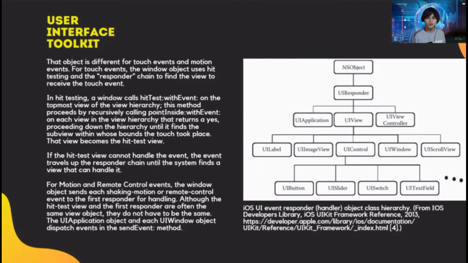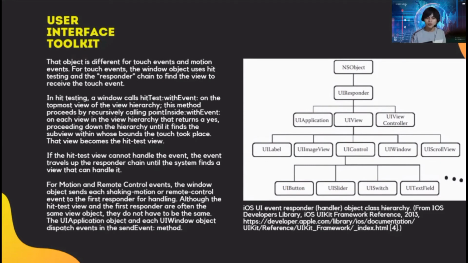This method proceeds by recursively calling pointInside with event on each view in the view hierarchy that returns yes, proceeding down the hierarchy until it finds the subview within whose bounds the touch took place. That view becomes the hit-test view. If the hit-test view cannot handle the event, it travels up the responder chain until the system finds a view that can handle it.